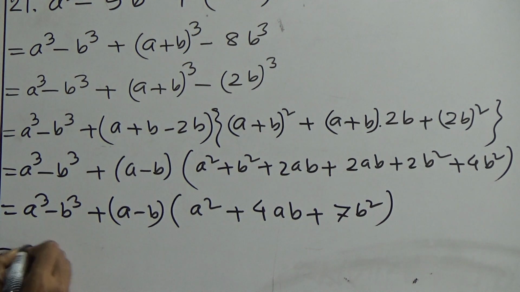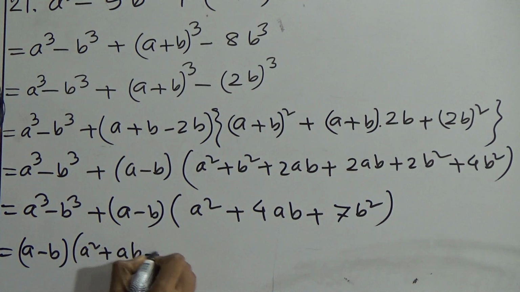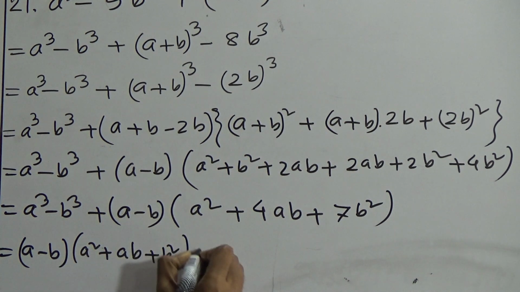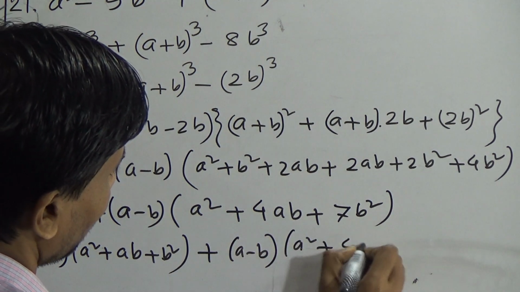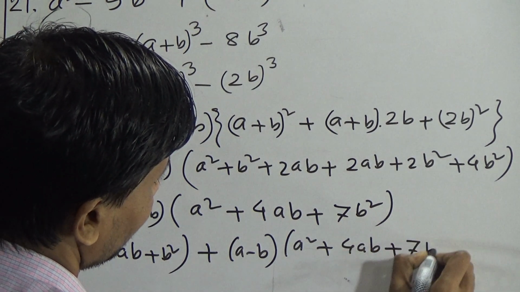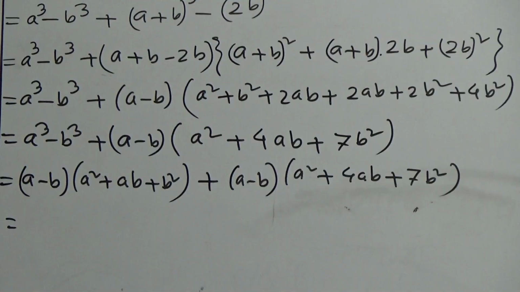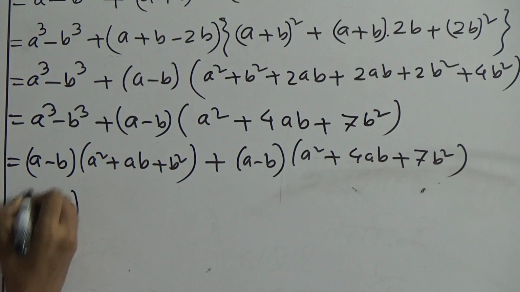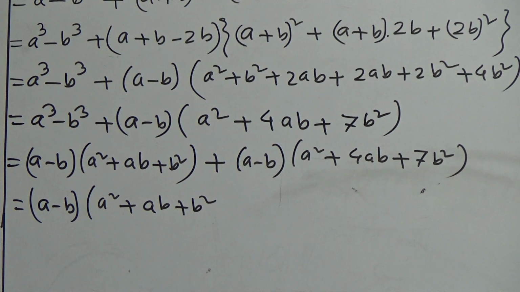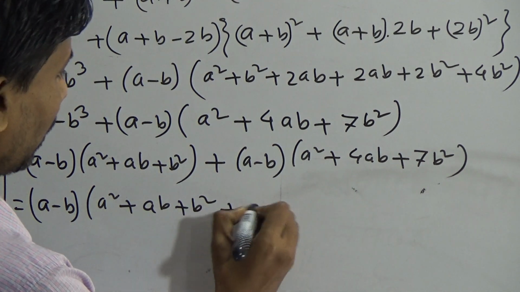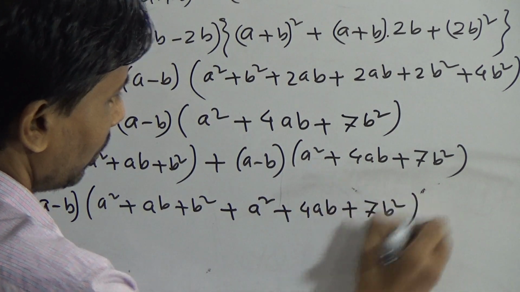Now we have to write the formula (a minus b) into (a square plus ab plus b square): (a minus b) into (a square plus 4ab plus 7b square). Now see, a minus b and a minus b is common, so you write a minus b, then the rest factor is a square plus 4ab plus 7b square.